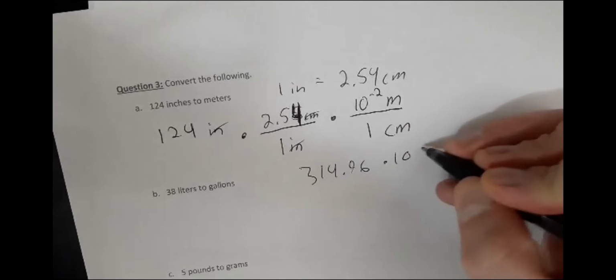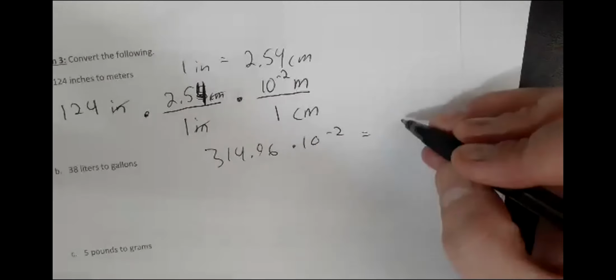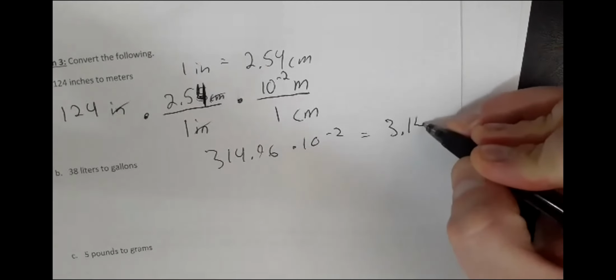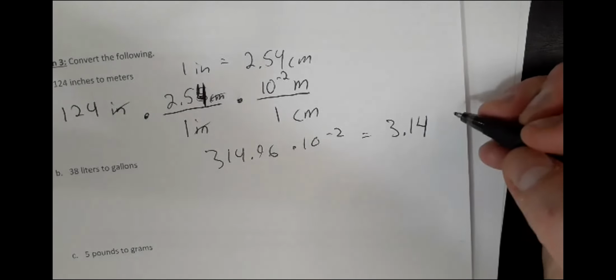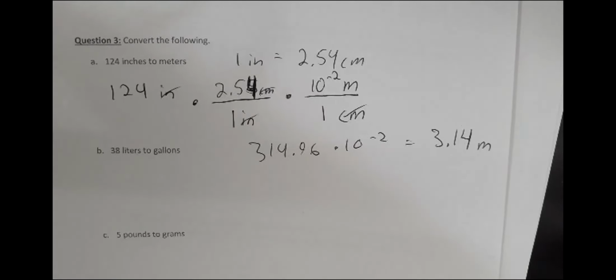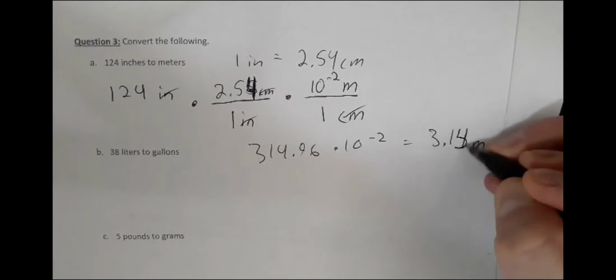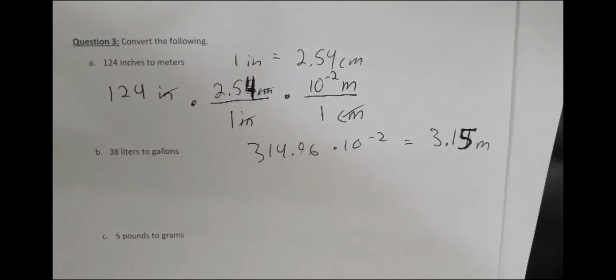I'm still multiplying that by 10 to the minus 2. So like I said, this 10 to the minus 2 is telling me move this thing 1, 2. I think I'm getting like 3.14, 3.15. I should probably round it up, but I didn't. So let's just go with it. Should probably be 3.15 meters. Let's be proper.